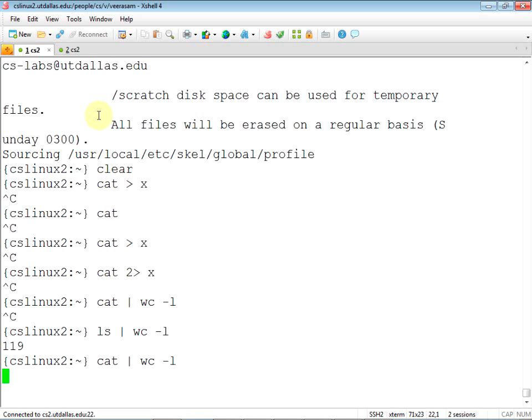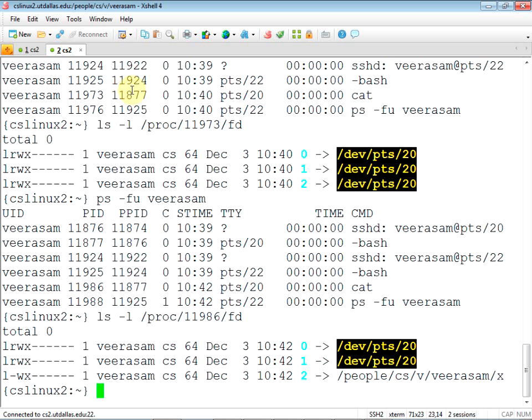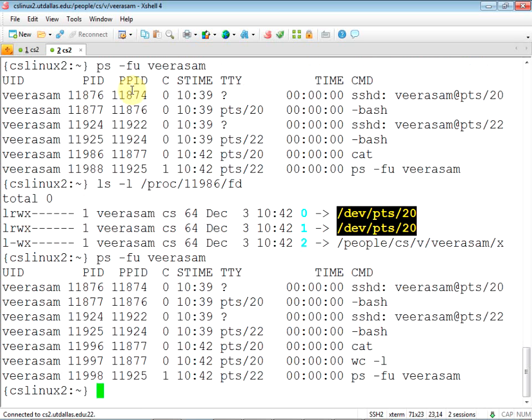Now let's see this. That's a cat and wc, and both are children of shell. And for that PTS, PTS 20 is the other terminal, and this is 22. So let's see, cat 996 and 997.